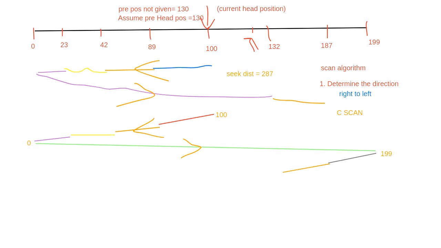Just do simple arithmetic: 100 minus 0, then 199 minus 0, then 199 minus 132. I'm leaving it up to you. Just use a simple calculator and find the seek distance here.